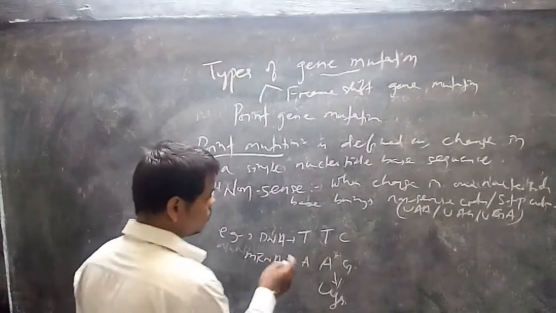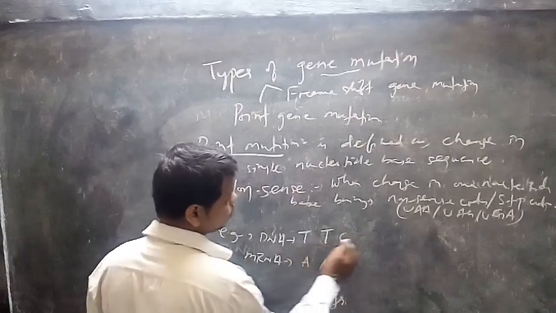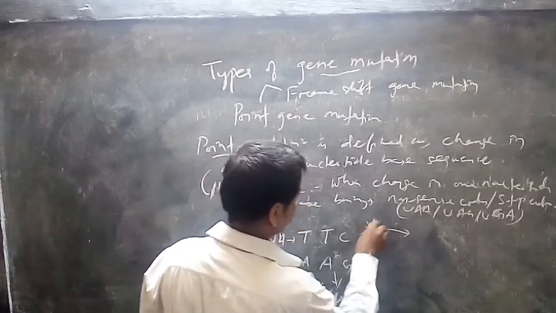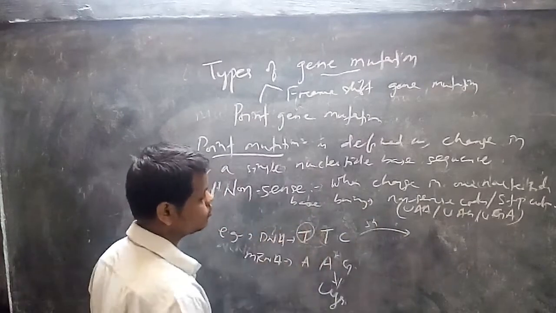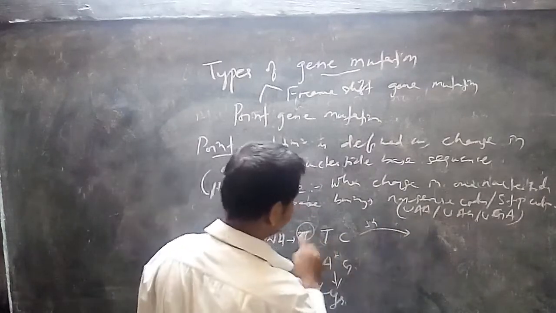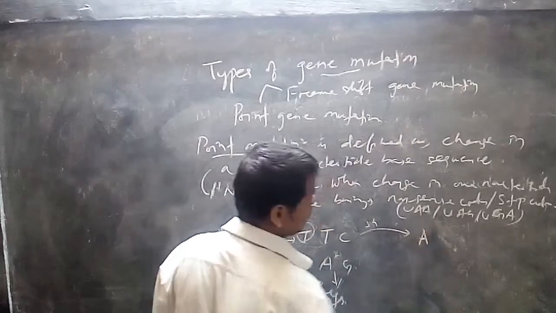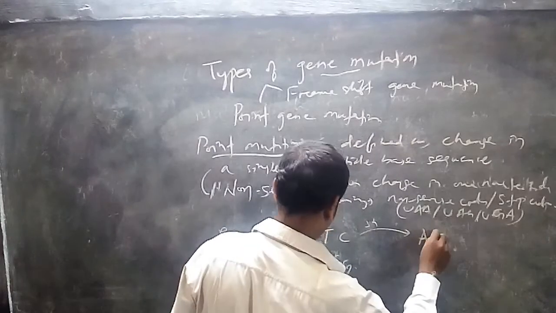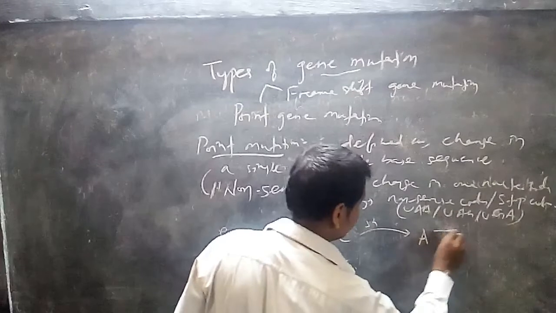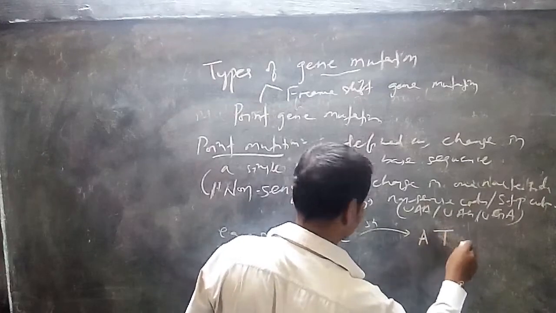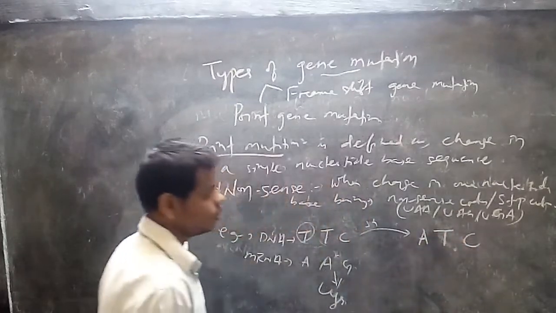See one example. This is the normal sequence of DNA. When mutation occurs, suppose in this place, in place of thymine an adenine is paired, ATC.